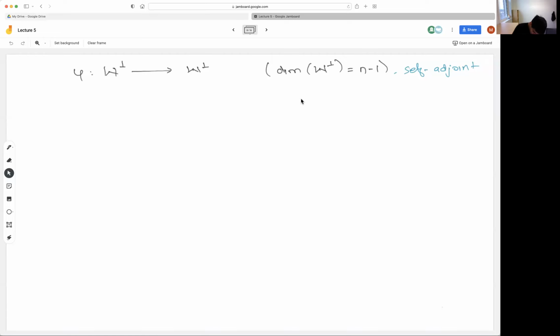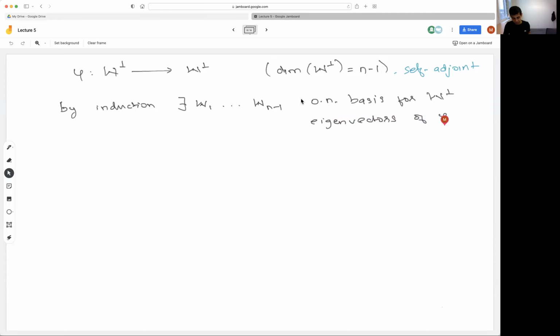Now we can say by induction, there exist vectors, let's say W1 to Wn-1, which are an orthonormal basis for W perp and are eigenvectors of phi.